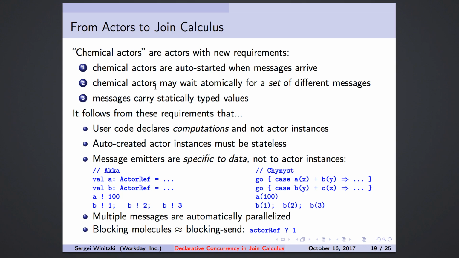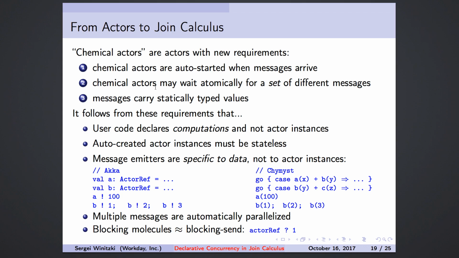Second, I want actors to be able to wait atomically for a set of messages so that I have multiple dispatch, because actors can only wait on one message at a time. And I want them to have statically typed values, the messages, I mean. If I impose these requirements, the first requirement immediately forces me to make actors stateless.